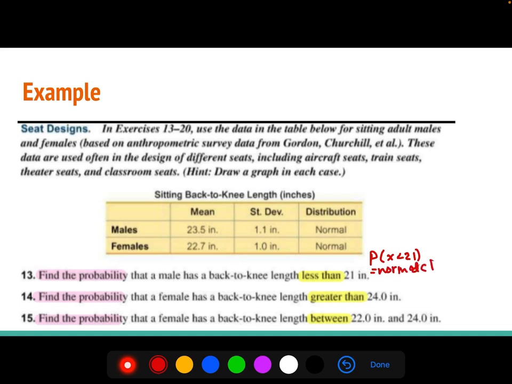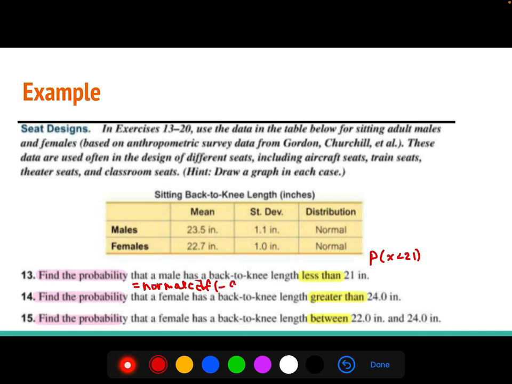And I'm going to just use the calculator, so normal CDF of my smallest. You know what, that's not enough room to write that in. So I'm going to put it down here.